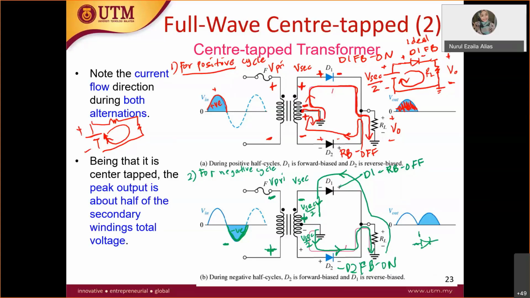D2 negative is connected to RL. If you go here, it is connected to RL. So you have RL here, and this is your ground. And then at the D2 plus, you have plus V secondary.